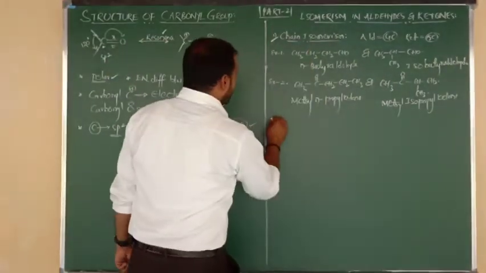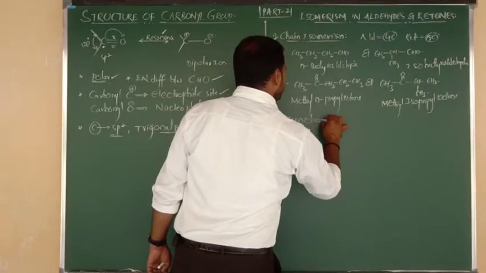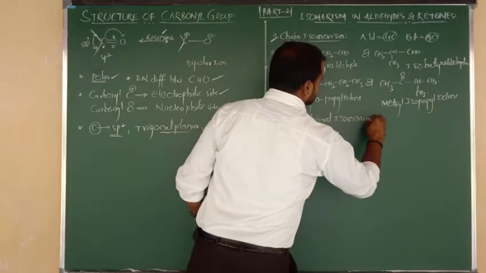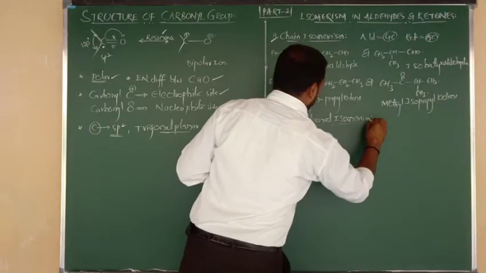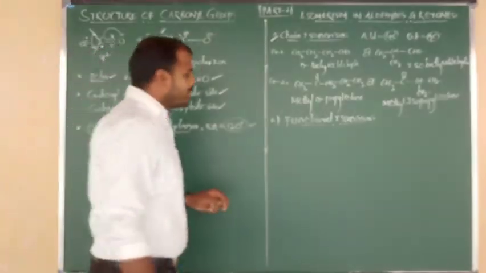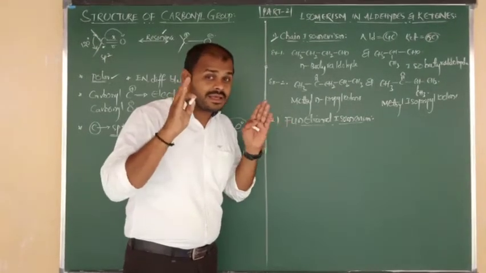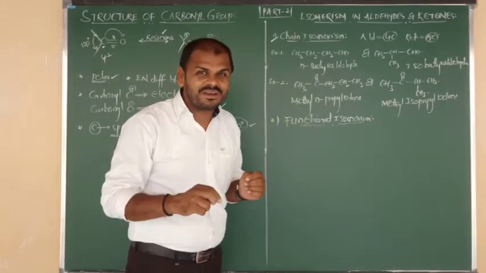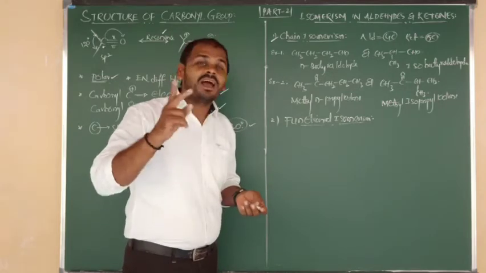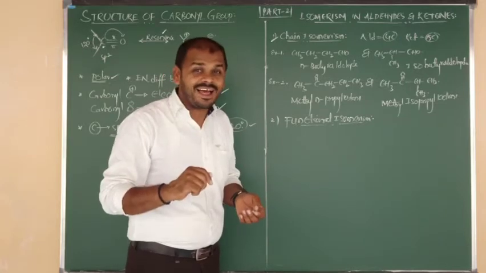Next I want to explain functional isomerism. It is a very important topic also, and so many times I have told you, like brother-sister pairs: aldehydes and ketones, alcohols and ethers, carboxylic acids and esters, they are always functional isomers of each other beta.